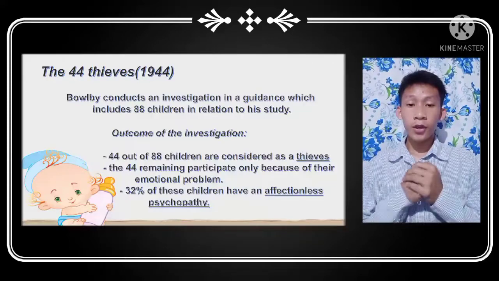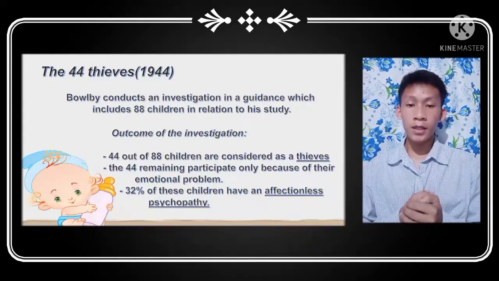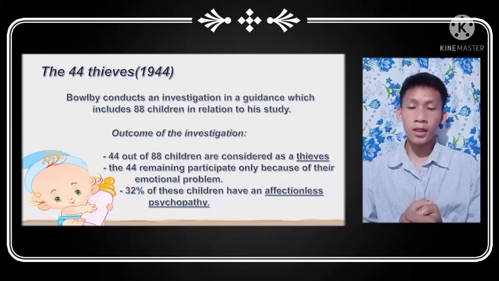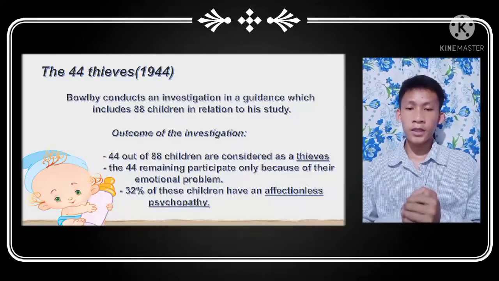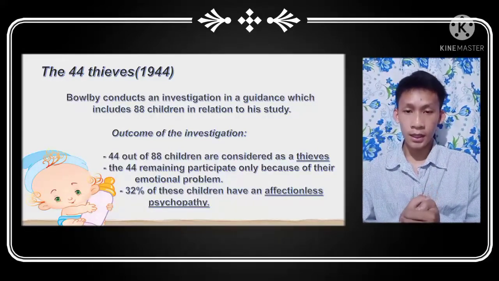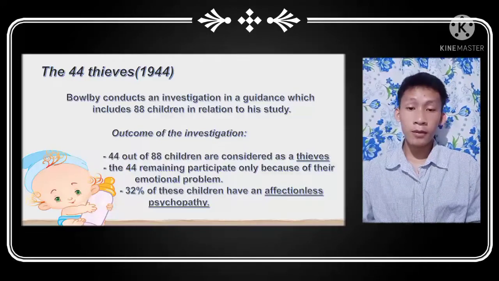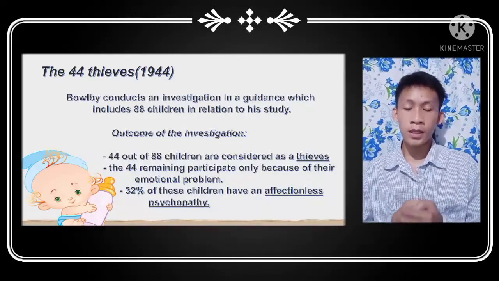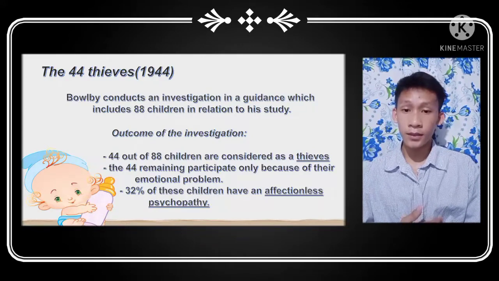In 1944, John Bowlby conducted an investigation that is what we call the 44 Thieves. This investigation included 88 children in a guidance clinic in relation to his study. The outcome of the investigation says that 44 out of 88 children were considered thieves.